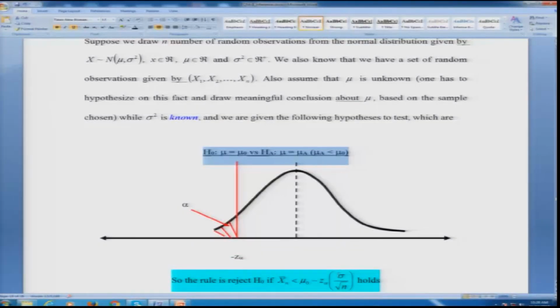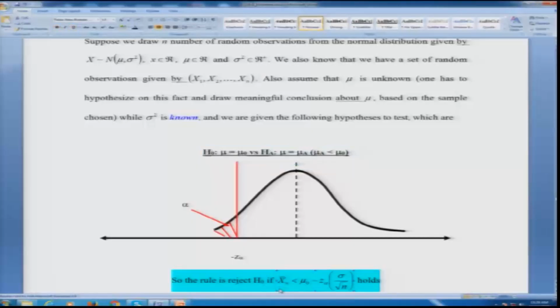So, if you consider the distribution on the left hand side, the problem becomes that the overall area to be covered is 1 minus alpha, area covered is alpha, hence you will basically reject or accept H naught based on this. What is that? So, this is what is highlighted here.